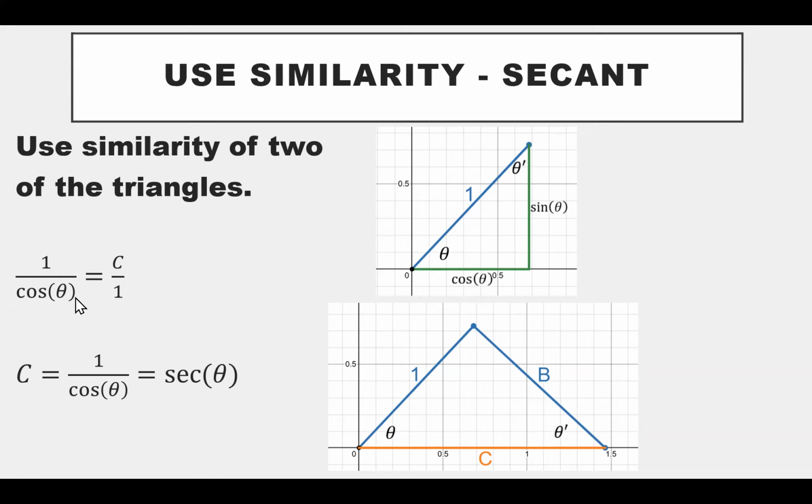So 1 over cosine of theta is C over 1, and C over 1 is just C. So C is 1 over cosine, which is secant.